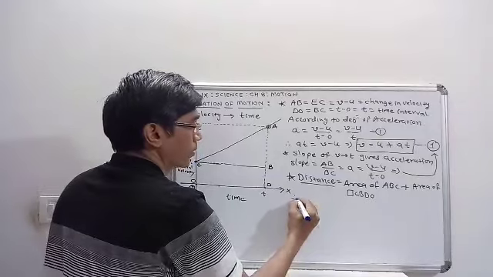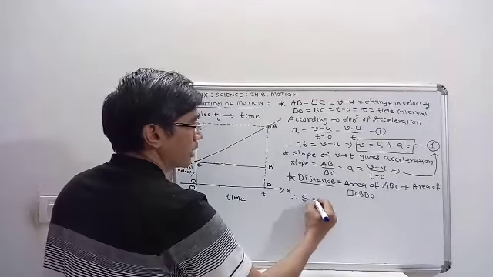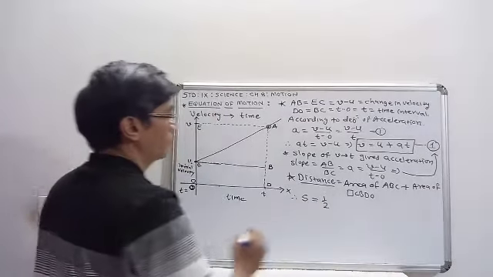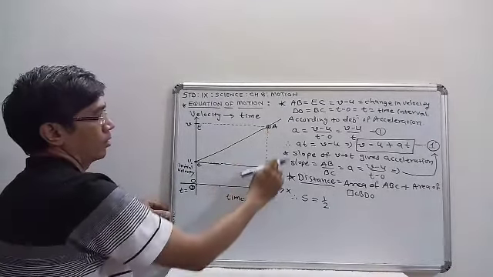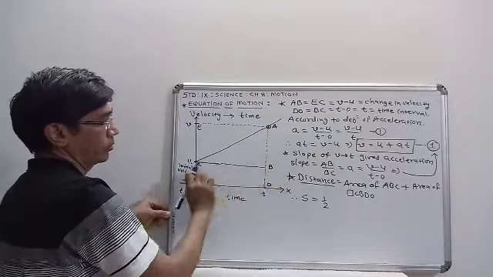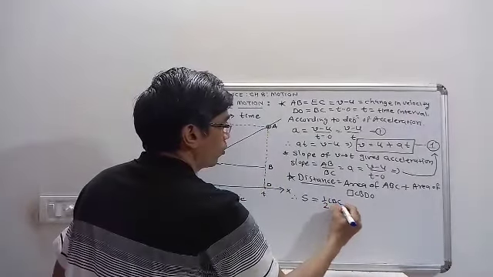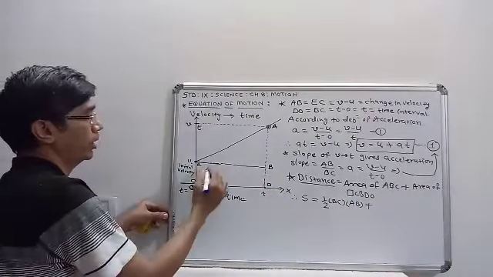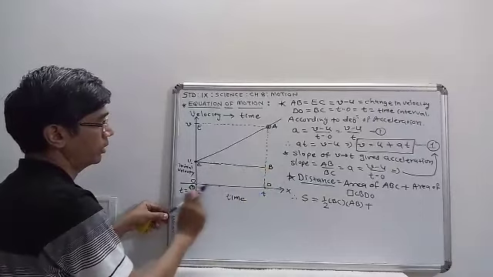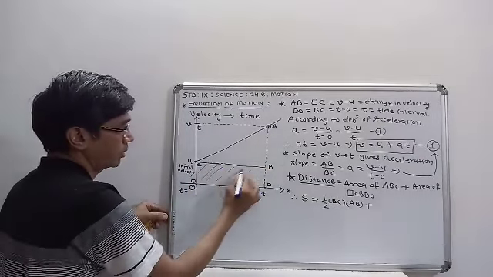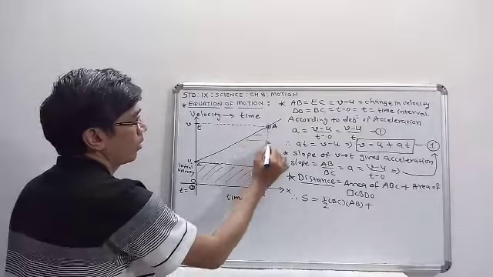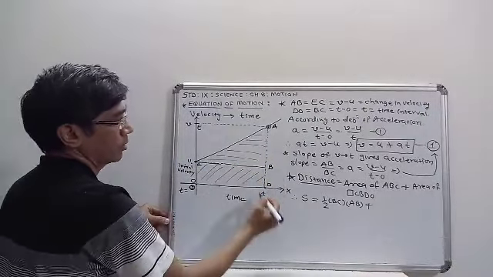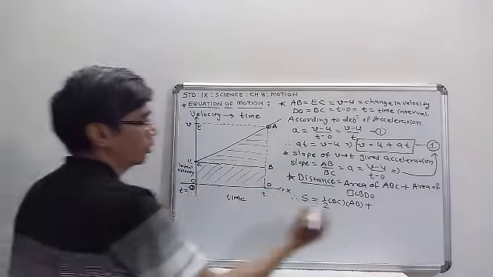So the distance S is equal to the area of the triangle ABC, 1 by 2 base into height, so 1 by 2 BC into AB, plus the area of the rectangle CBDO, whose area is given by BD into DO.